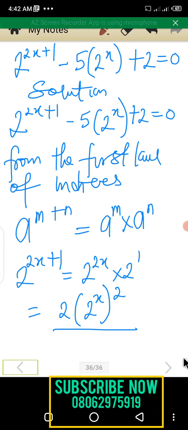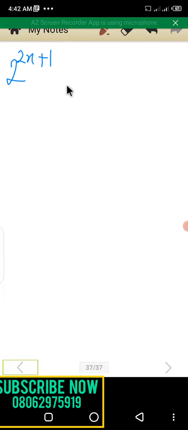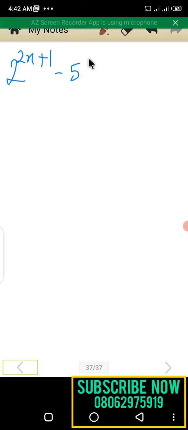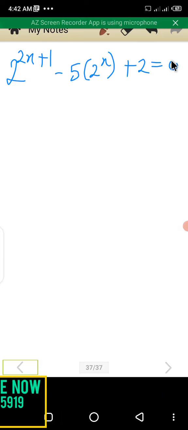In continuation, in the way that you are writing the question, 2 raised to power 2x plus 1 minus 5 onto 2 raised to power x plus 2 is equal to 0.